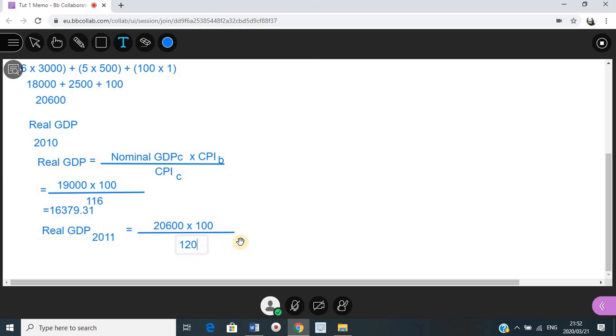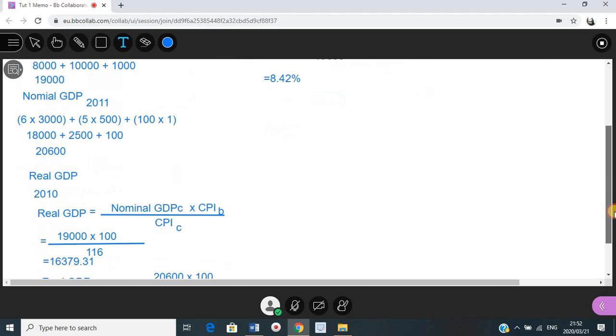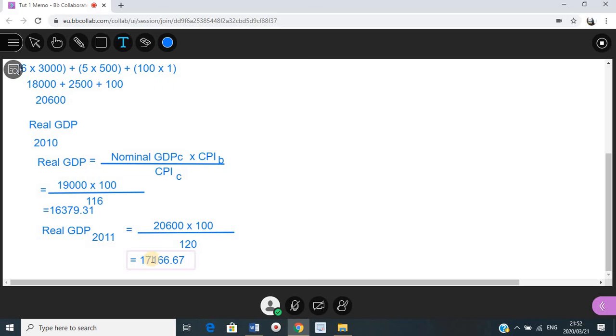This should be equal to 17,166.67, just rounding it up. Very good. So here we have the real GDP for 2011, and here we have our real GDP for 2010.